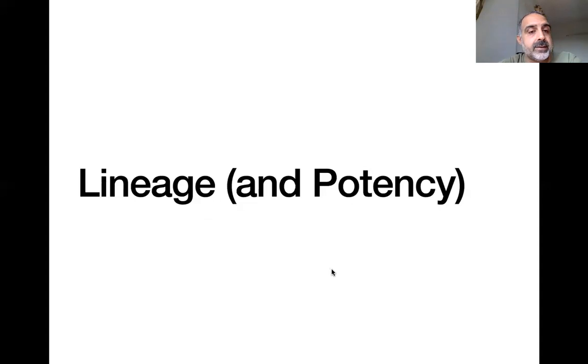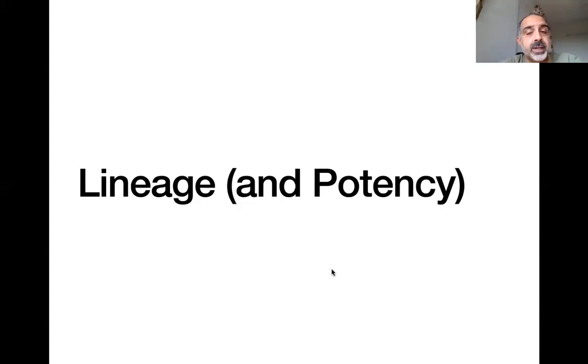So I'll start by thinking about lineage and potency. Of course, all of you remember that potency reflects what a particular cell is able to give rise to. And this is intimately linked to the lineage of a cell, so what the descendants of that cell would be.